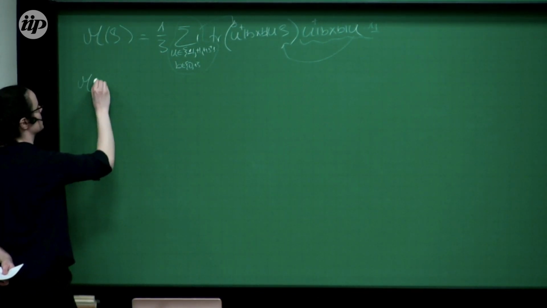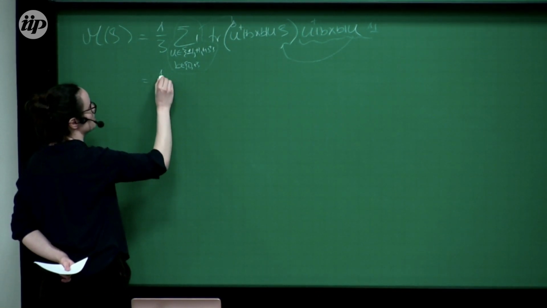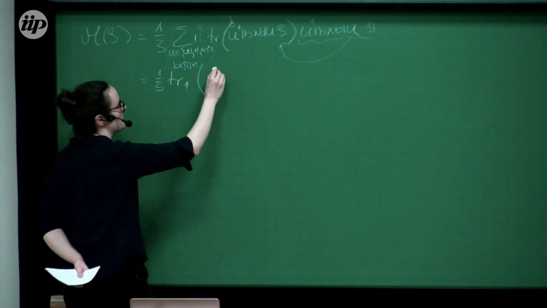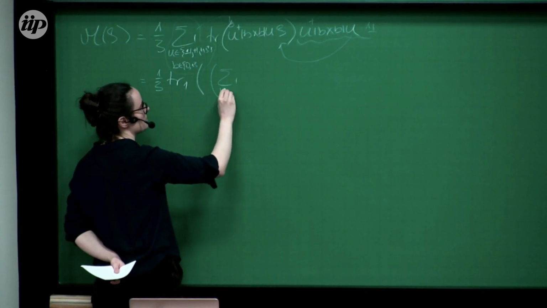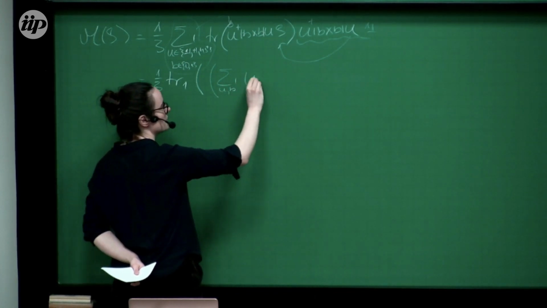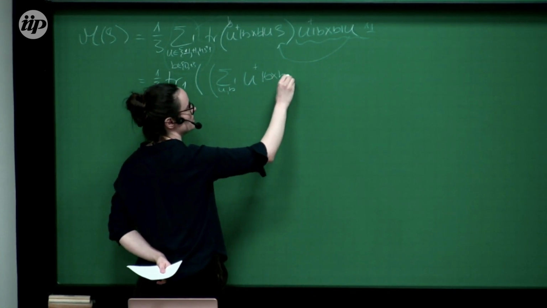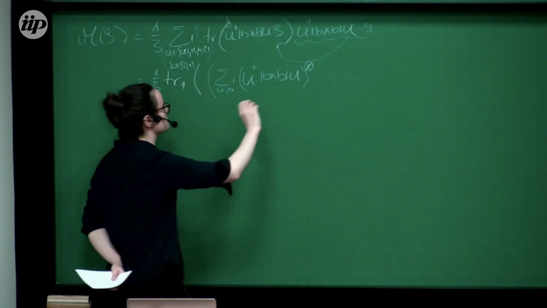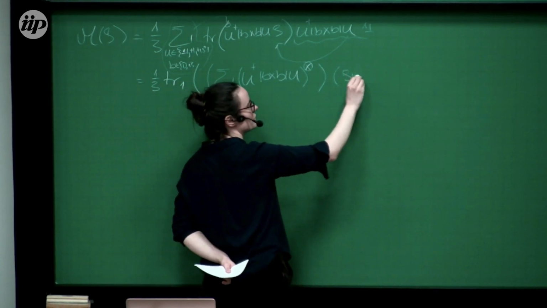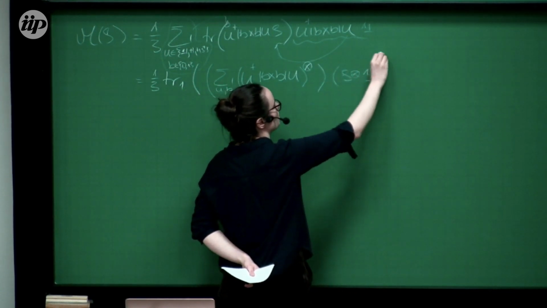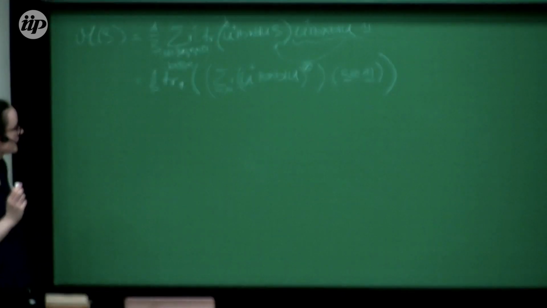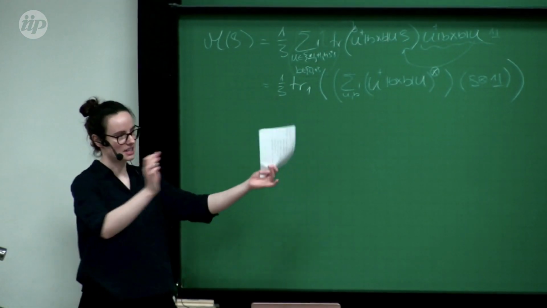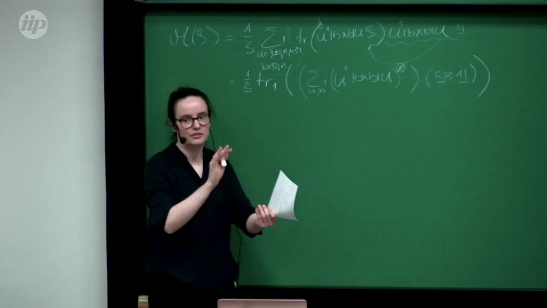So this is the same as 1/3 times the partial trace over the first subspace of the sum of U dagger B U tensor with itself, and then this, we shall not forget, acts on rho tensor identity. Did I make anything wrong? No. Very good. Again, we successfully detached the thing that we sum over from the quantum state.